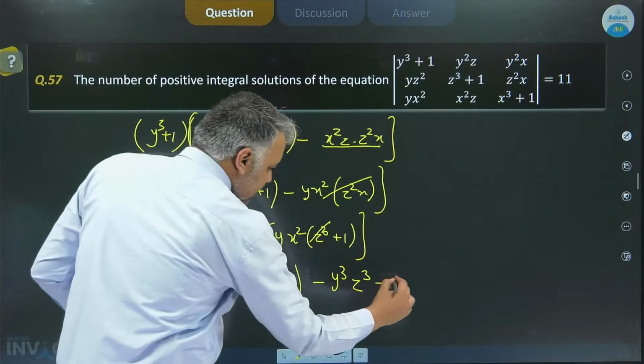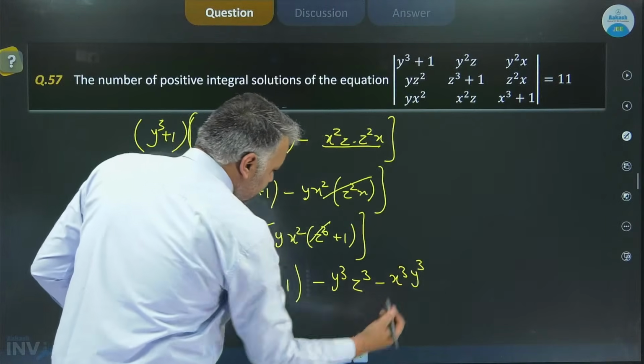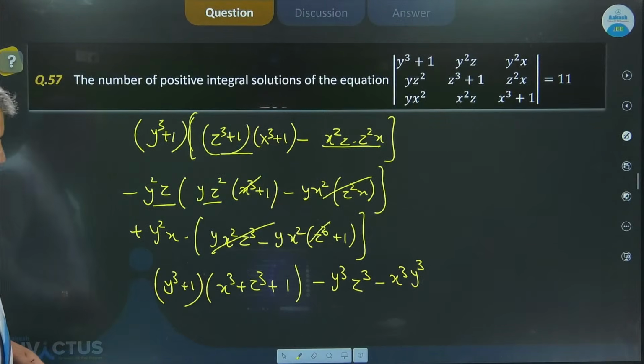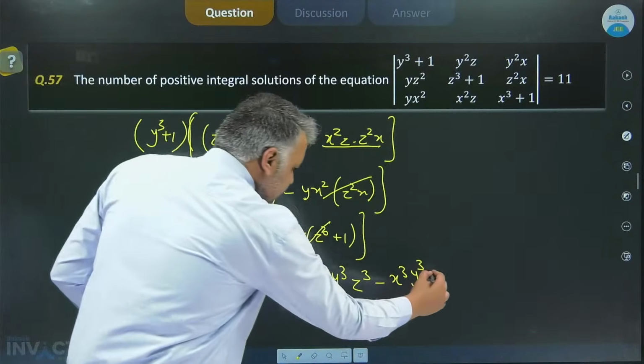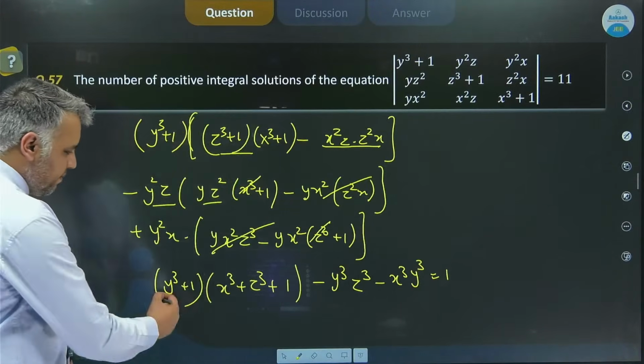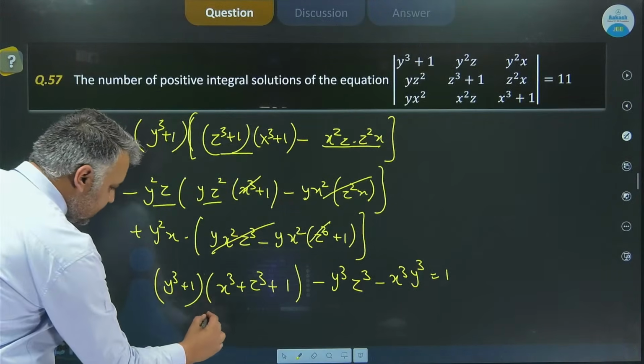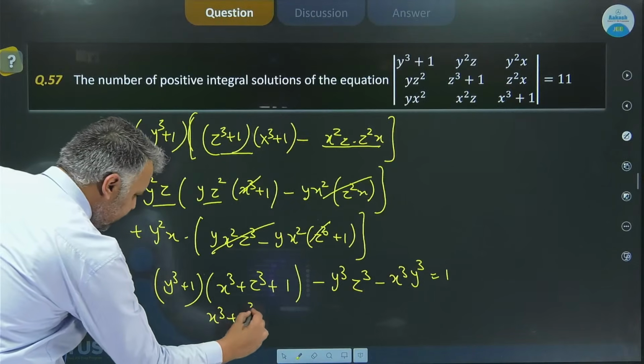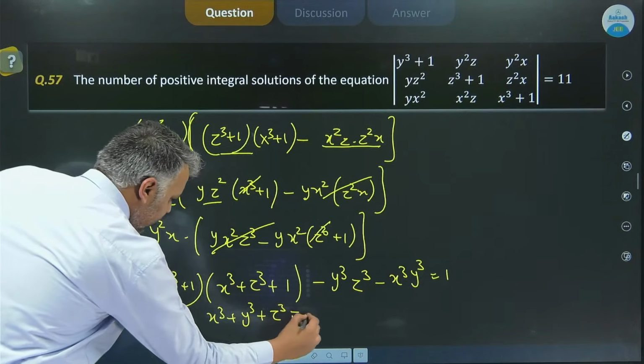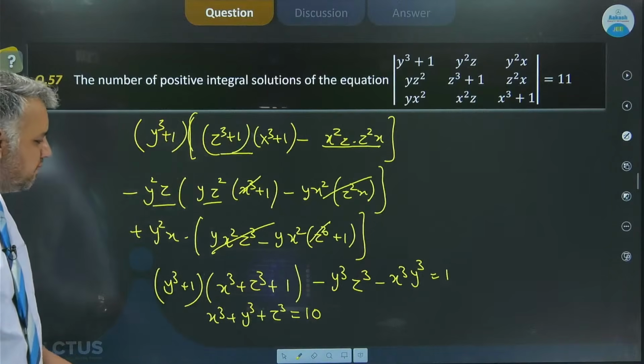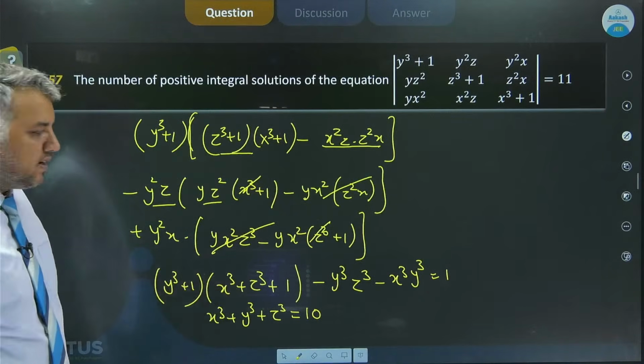So this will be minus x cube y cube. So this is the expansion of the determinant. This is 11. So if I multiply this also, this is x cube plus y cube plus z cube is equal to, I think it will become 10. So I think this is the final equation.